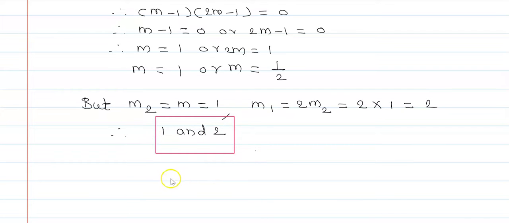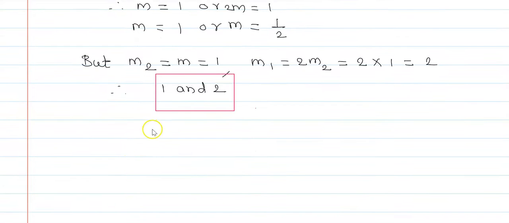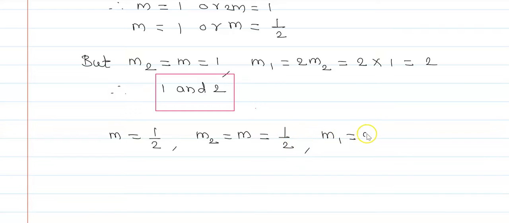Okay. Now the next. m is equals to 1 upon 2. Therefore, m2 is equals to m is equals to 1 upon 2, and m1 is equals to 2 times m2, that is equals to 2 into 1 upon 2, and that is equals to 1.